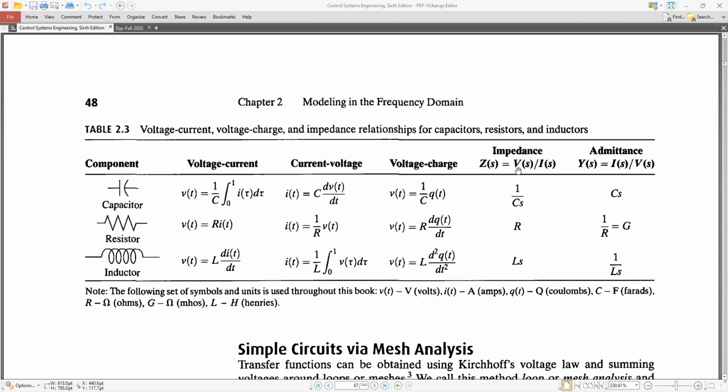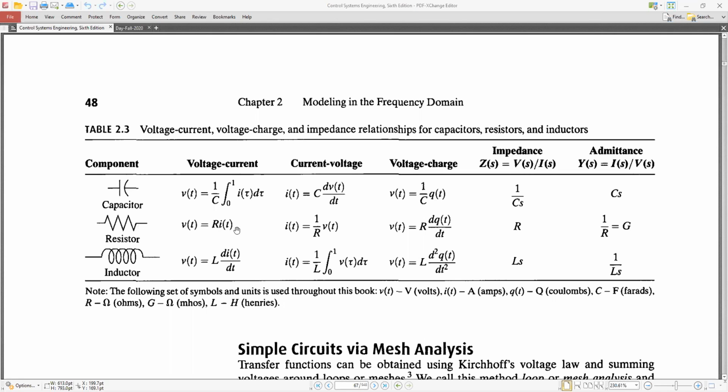Impedance Z(s) is equal to V(s) by I(s), so 1 by Cs, and admittance Y(s) is equal to I(s) by V(s), so that is Cs. But that is in the frequency domain, not the time domain.